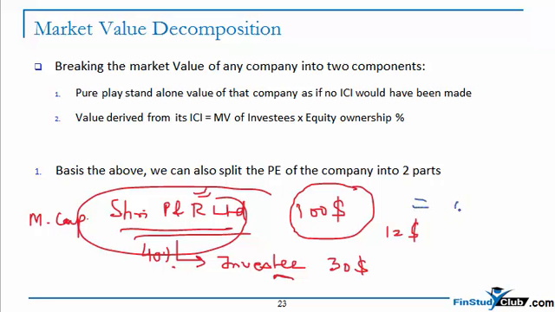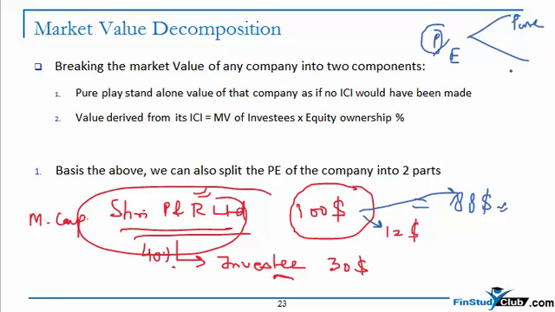So overall, the decomposed market cap is going to be $88 in that sense. And obviously you are aware that your price to earnings multiple will also include the price from here. So like this 100 is split into 12 and 88, this price multiple could also be split into the pure investor and the investments that are coming up.